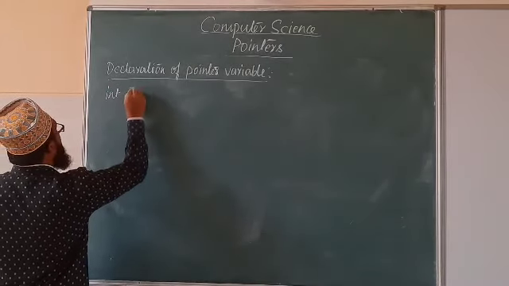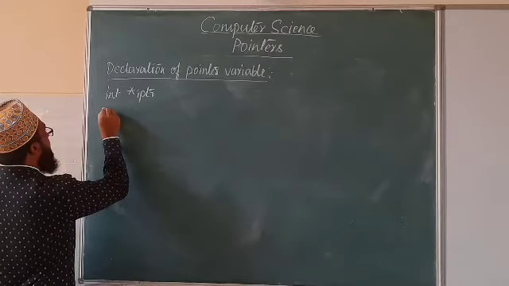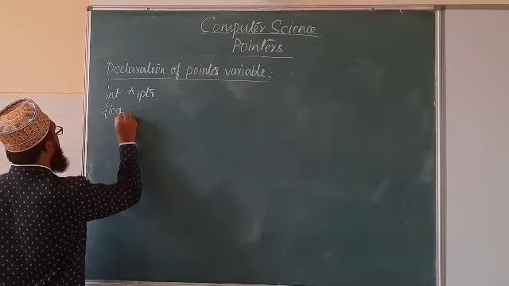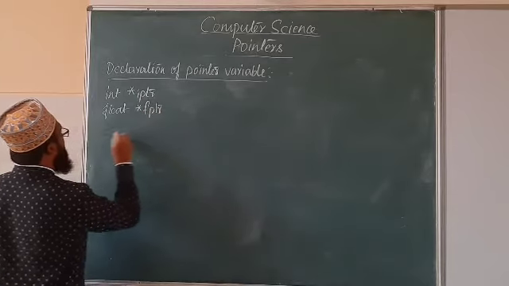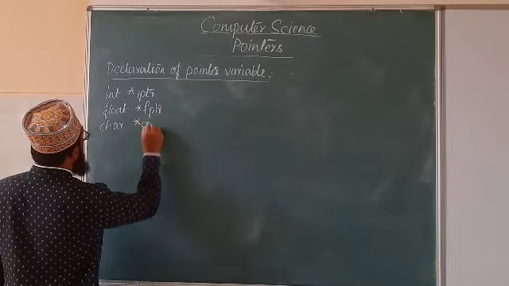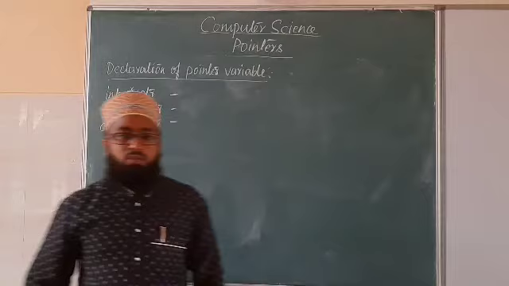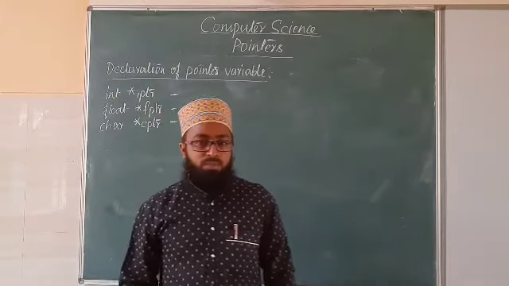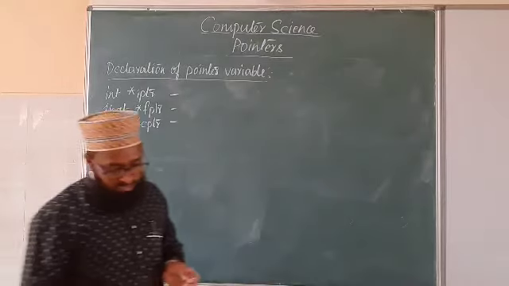Int asterisk IPTR, then float asterisk FPTR, then char asterisk CPTR. Like this we have to declare the variable. So I am going to write its declaration, then you will understand.